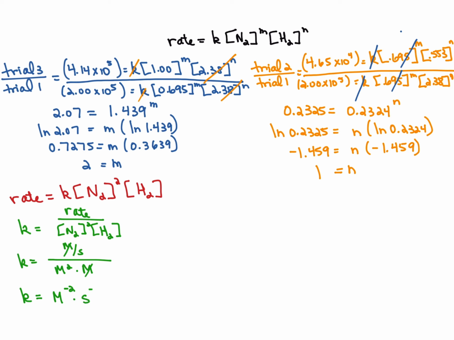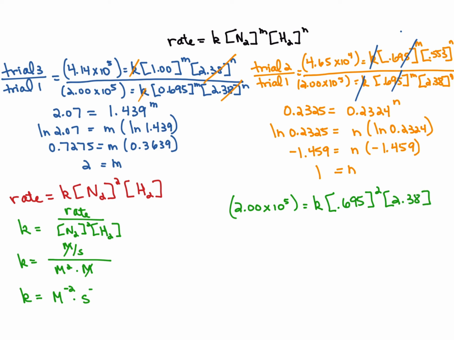Now that I have my units, I can go ahead and solve for K. I'm going to use trial 1 just because it's on top. The concentration for N2 is 0.695 squared, and the concentration for H2 is 2.38.